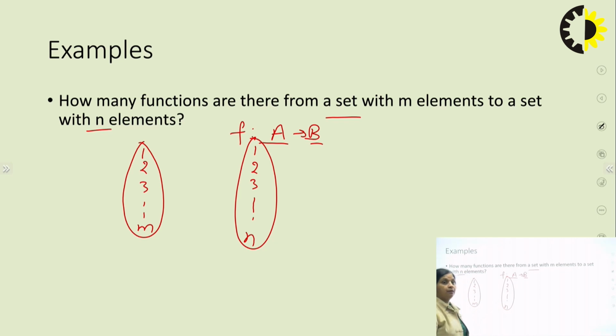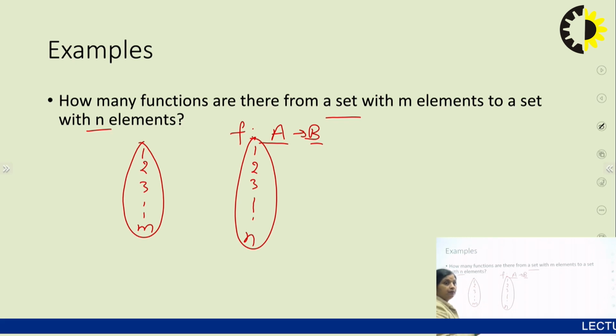So a function is a mapping in which each of these m elements gets one image from these n elements.